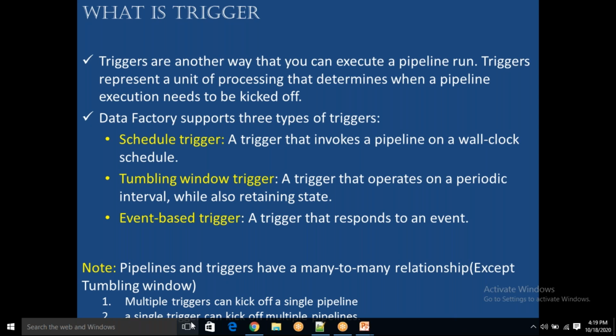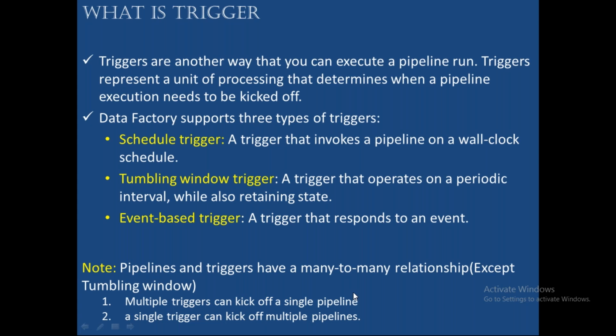So a single trigger can kick off multiple pipelines. That is the second point I have. Multiple triggers can kick off a single pipeline, and a single trigger can kick off multiple pipelines. Okay, let me go to the next slide. So you can see here a single trigger can kick off multiple pipelines.